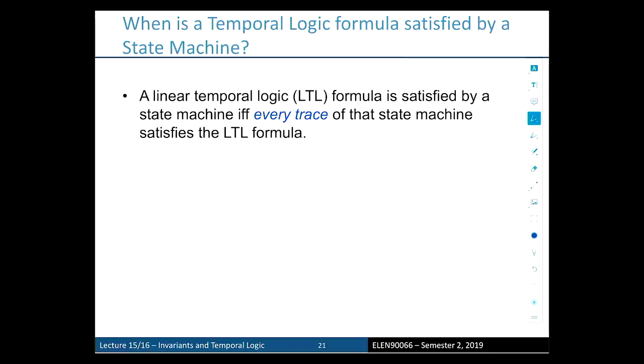Now, we talked about the trace for a particular behavior of the system. If you want to say a particular system satisfies a formula, you have to go and test all the possible traces. If the condition is satisfied, then we say the finite state machine itself satisfies the LTL formula.